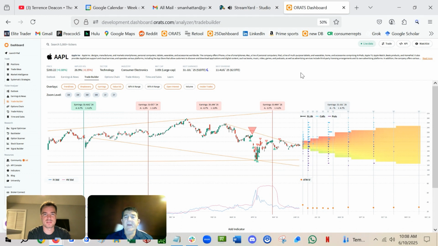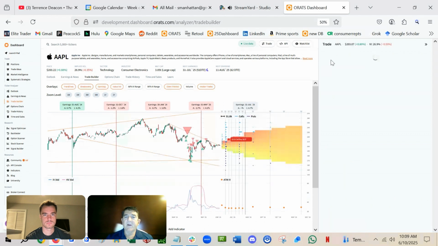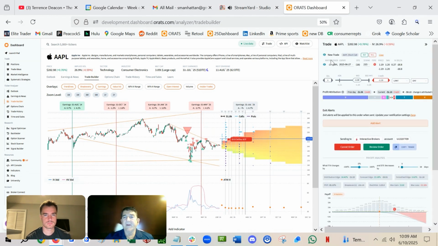Yeah, I mean, it's definitely something to consider when you're trading, and you want to get as many things in your favor as possible. So if you were to click on one of these calls, for example, and click on the bid, then it'll put a sell in there, and you want to get as many things in your favor as possible.